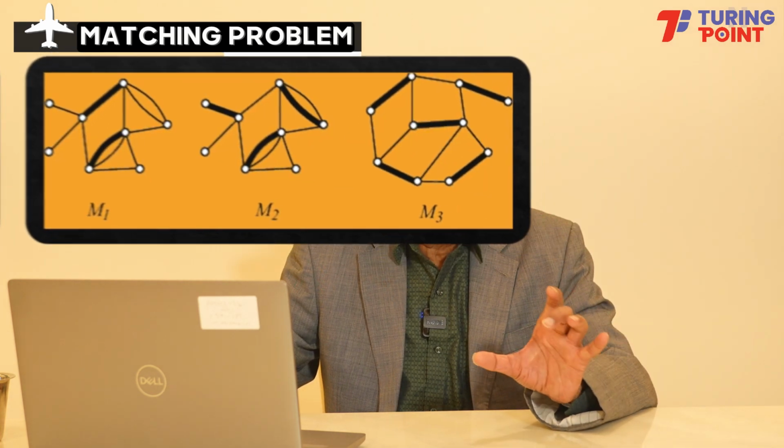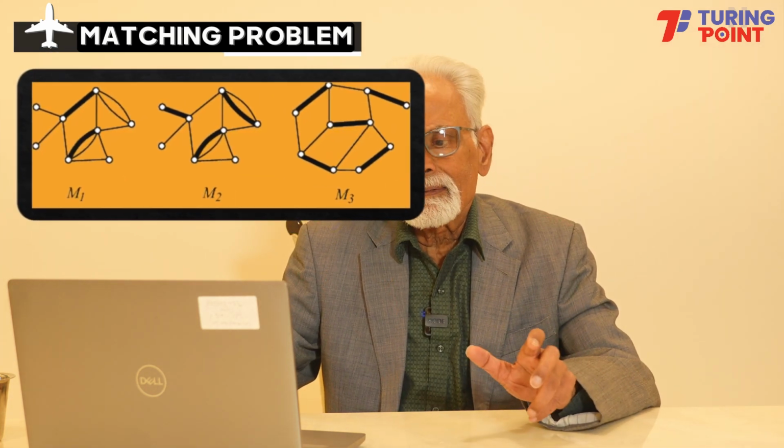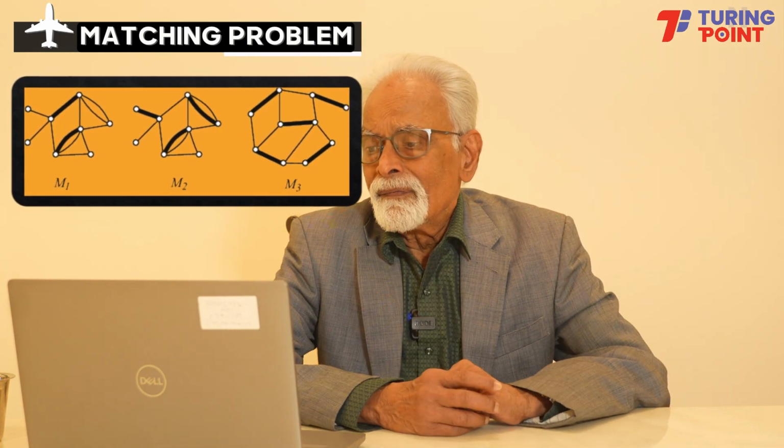Then the matching problem. Given a graph, we want to find some of the edges in the graph such that they don't have common vertices. And we want to find as many such edges as possible. So that is what is called the maximum matching problem.